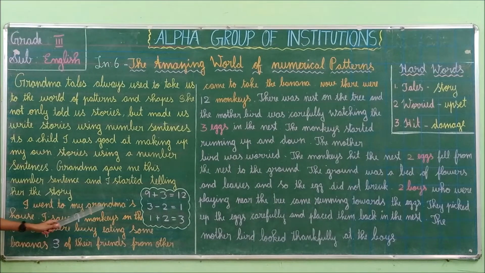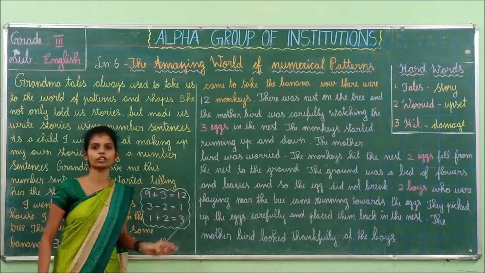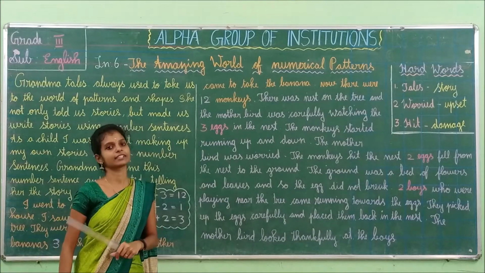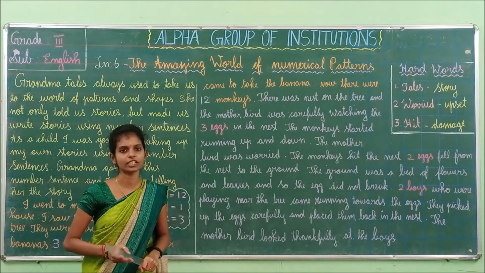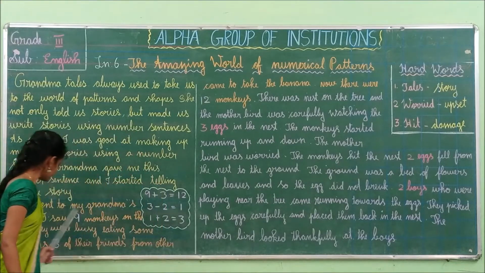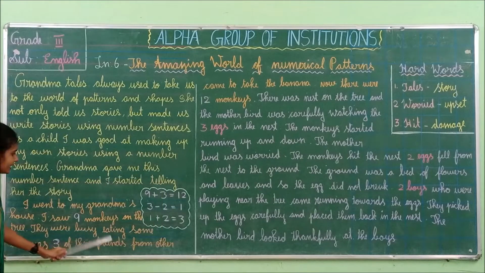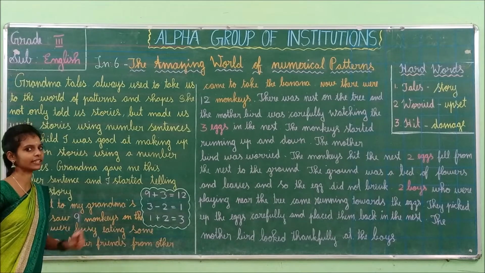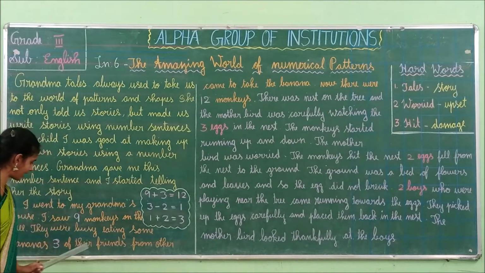I went to my grandma's house. I saw 9 monkeys on the tree. So this boy went to his grandma's house and saw 9 monkeys on the tree. How many monkeys? Yes, 9 monkeys. They were busy eating some bananas.